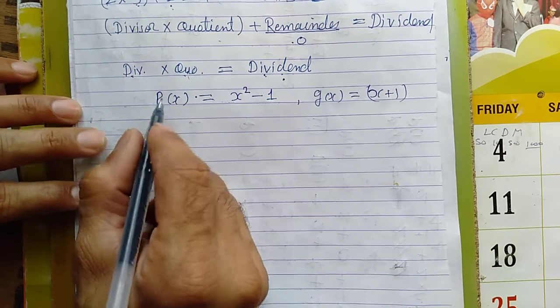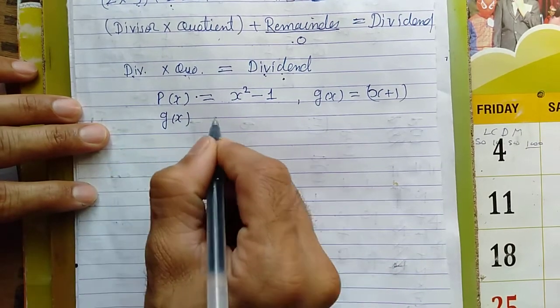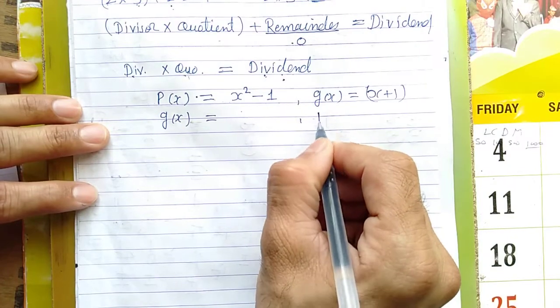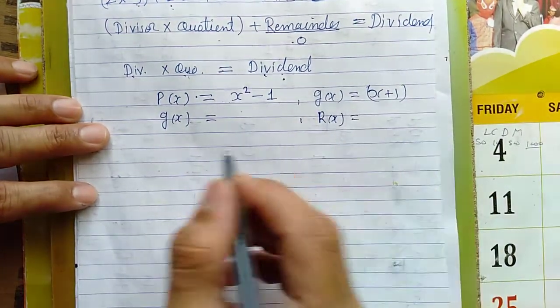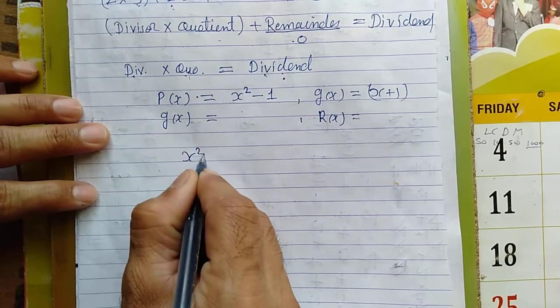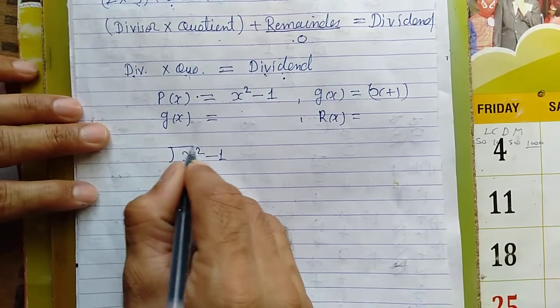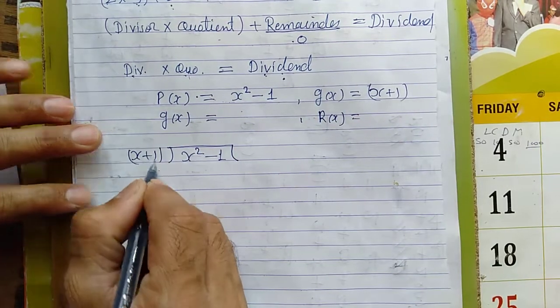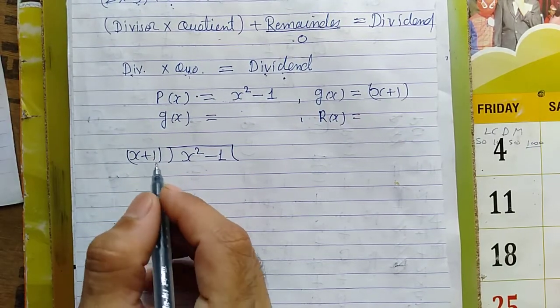Now we have to find the quotient and, second thing, r(x), meaning the remainder. Now let's divide this: x square minus 1 divided by g(x), meaning x plus 1.